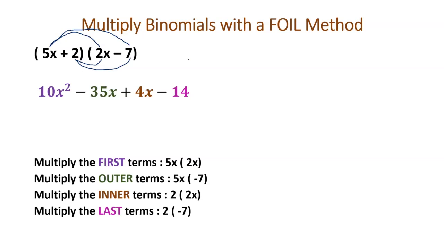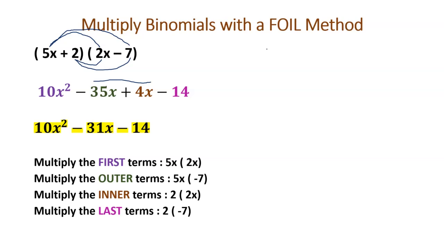This is how I get 10x squared minus 35x plus 4x minus 14. Now, if you can see, these two terms are like because both of them have an x, so we can combine. That should give us a negative 31x. So here, our final answer is 10x squared minus 31x minus 14.